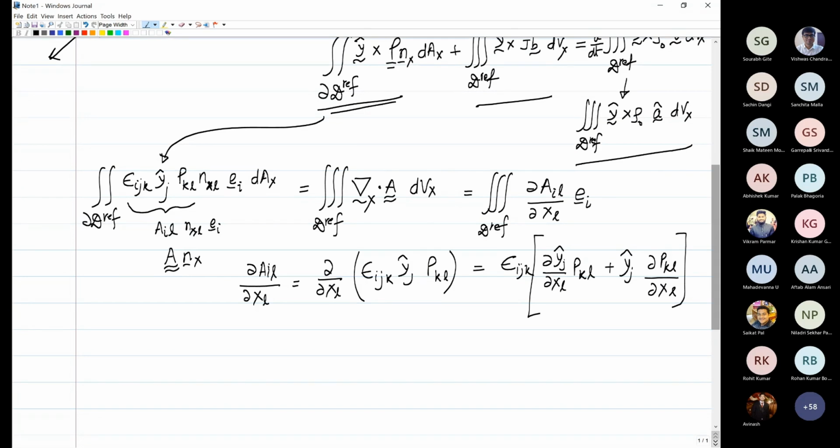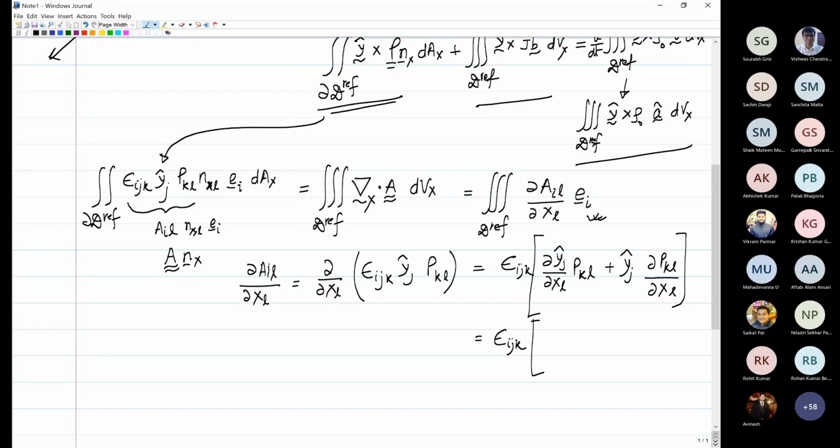I think you all agree with this, and of course this is also multiplied with e i. Coming back, this is then epsilon ijk, and what is del y hat j by del x l?